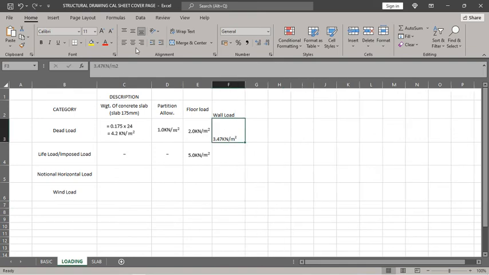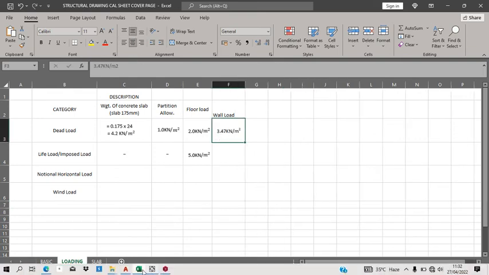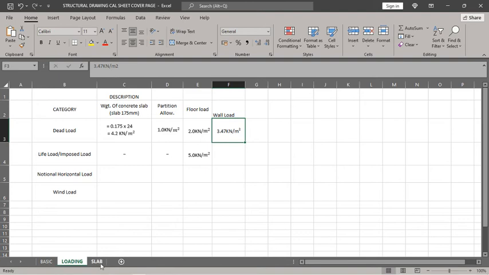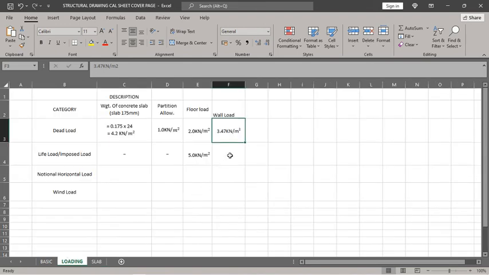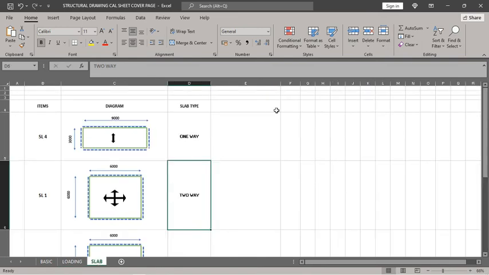This load I will apply on this cantilever when we want to do the calculation in the next video. So it will serve as a point load on this cantilever. So that is that. I hope you understand what we have just done.